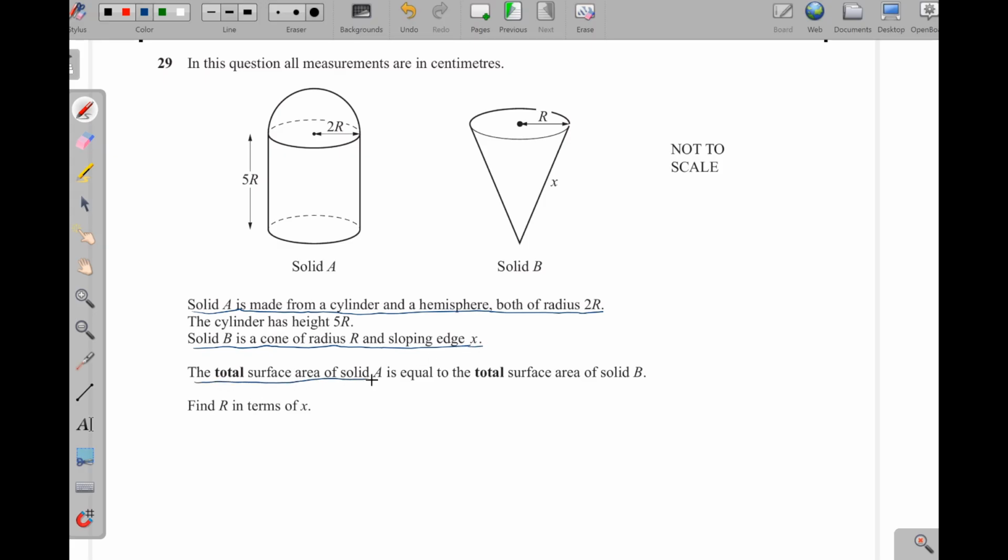The total surface area of solid A is equal to the total surface area of solid B. Find r in terms of x, okay? So total surface area of solid A is equal to total surface area of solid B.